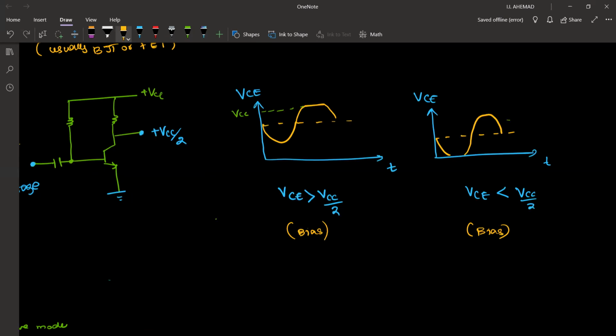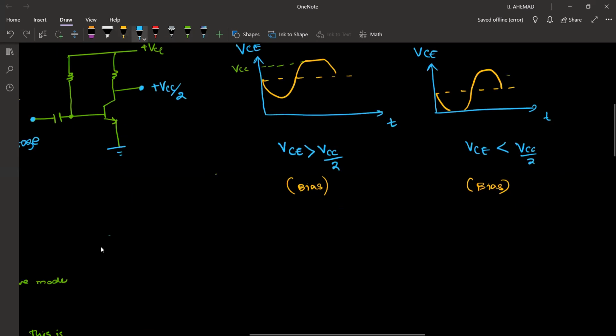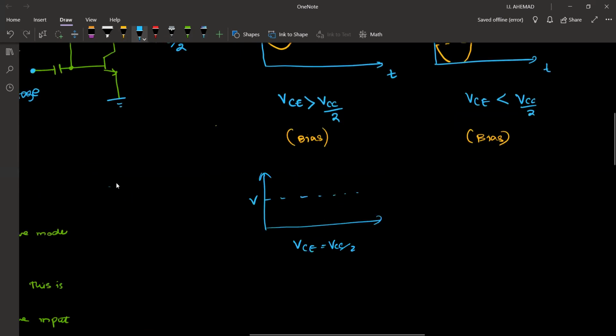And when it is equal to VCC by 2, now we can get the maximum graph without getting distorted. So VCE is equal to VCC by 2 during bias. So this graph will be the best graph we can obtain.